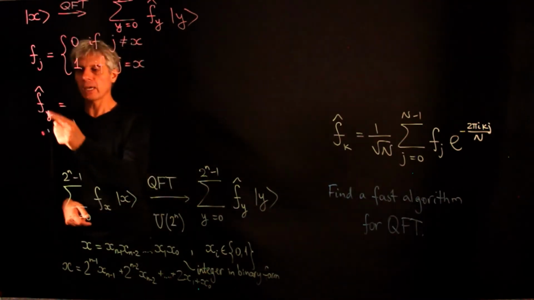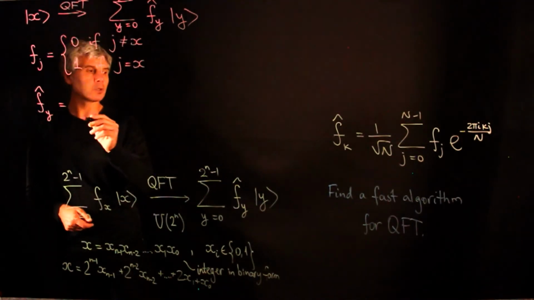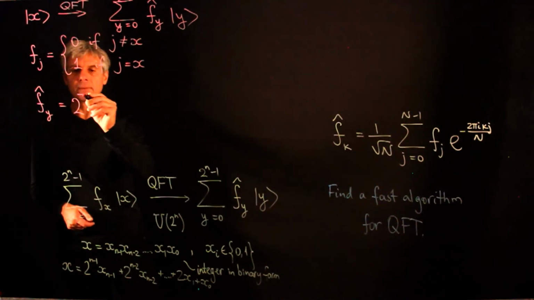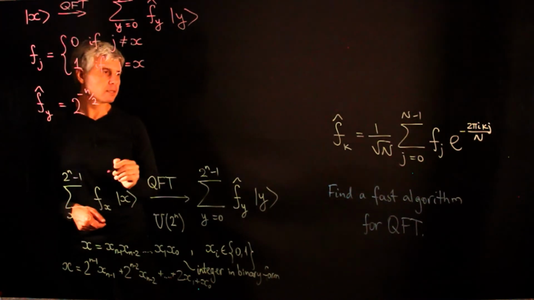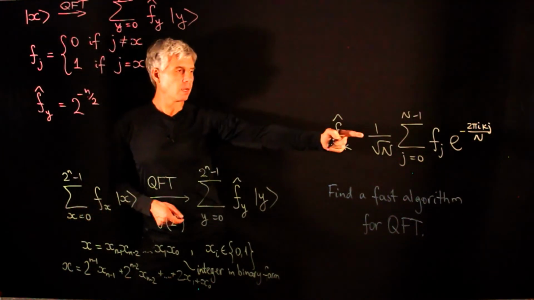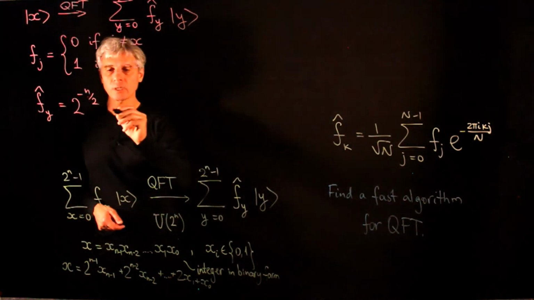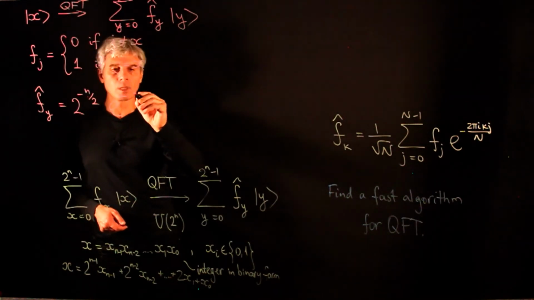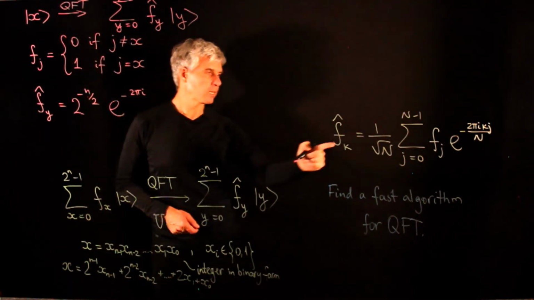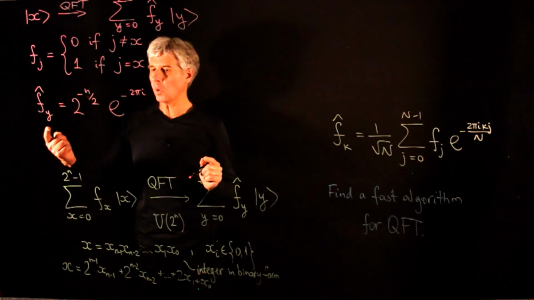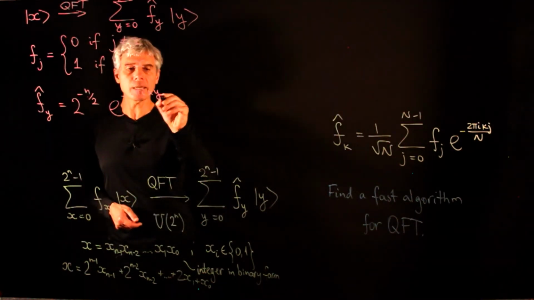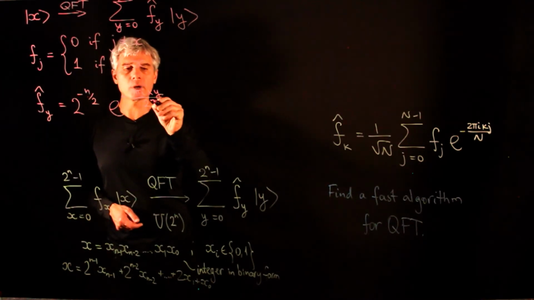And so we get that f_y hat is equal to 1 over square root of 2^n, so 2^(-n/2), times the exponential e^(-2πi xy/2^n), where k is equal to y, and j is equal to x.